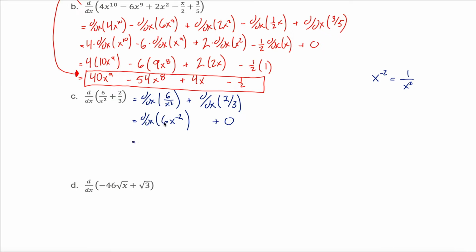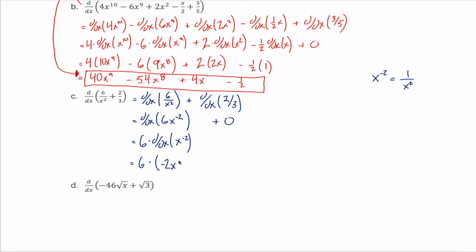We have a number, a coefficient, times some function, x to the negative 2 power. So we take the 6 down in front and multiply that by the derivative of x to the negative 2 power. And we know how to take the derivative of x to the negative 2 power. All you've got to do is use the power rule. But be careful. You take the exponent down in front, there's the negative 2, and then you subtract 1 from the exponent. Negative 2 minus 1 is not negative 1.